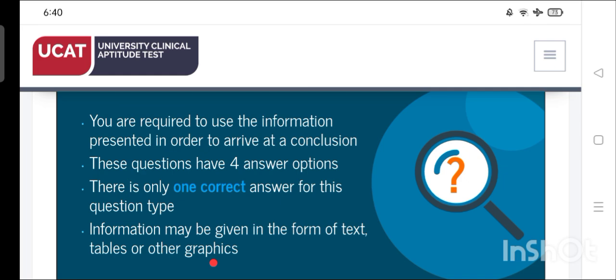You have to use that information to conclude your answer. 4 answer options will be given to you and you have to choose only one correct answer. In some question types we can choose more than one right answer, but here we have only one correct answer and you have to select that one only.